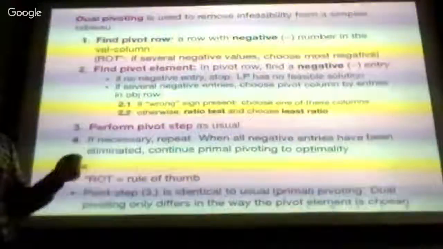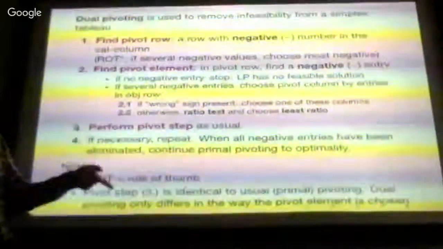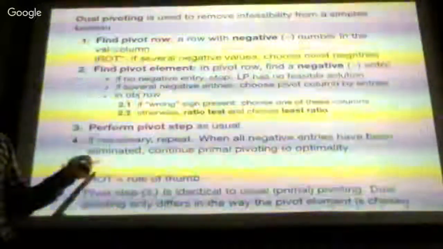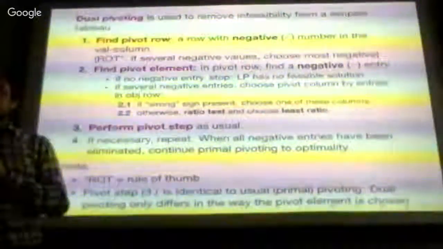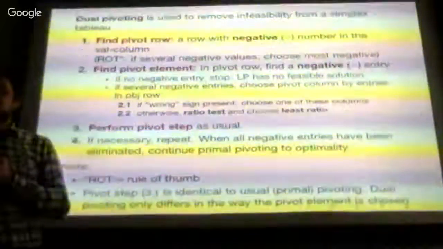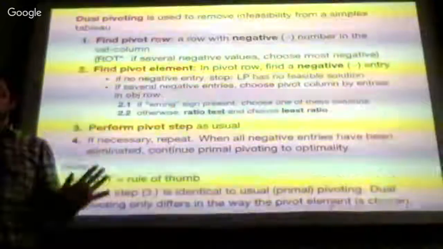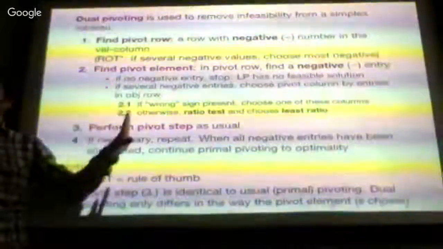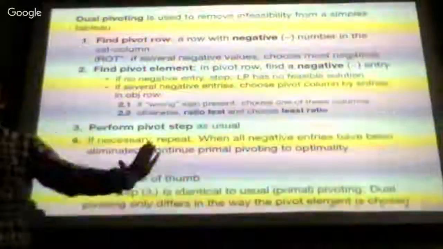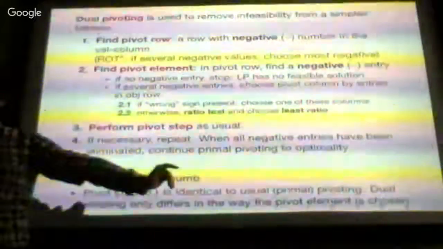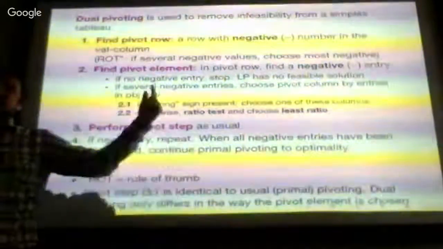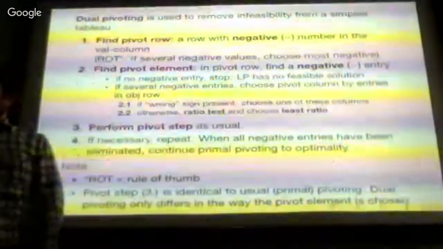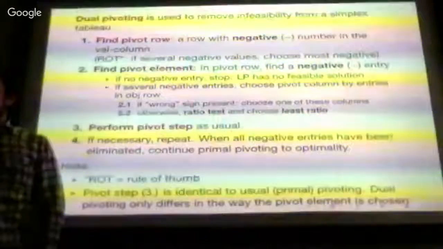The pivot step is normal. Keep going until everything is as it should be. Being as it should be is that the val is all non-negative and the objective row has the right signs that you want, depending on whether you're minimizing or maximizing. End of explanation.